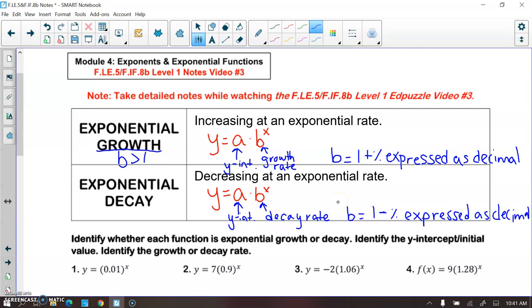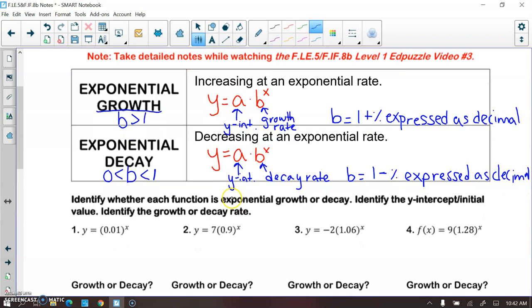So if I was given an equation, we can determine if it's exponential decay if our b value is somewhere in between 0 and 1. We cannot have a b value less than 0 because that would give you a negative b value, and we're not going to be growing or decreasing at a negative rate because that wouldn't be possible.